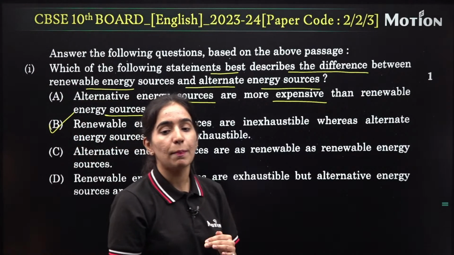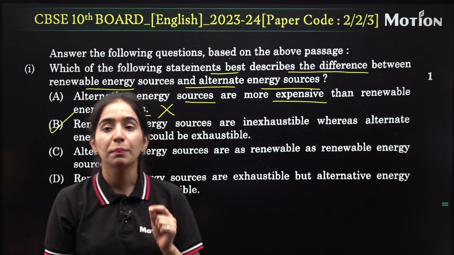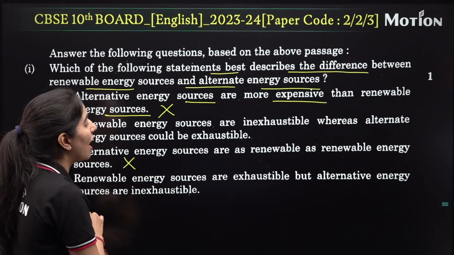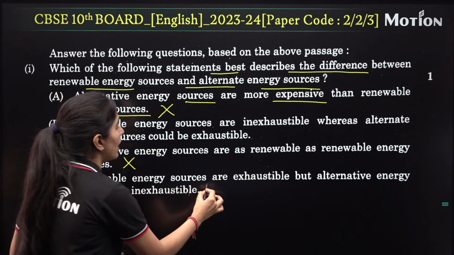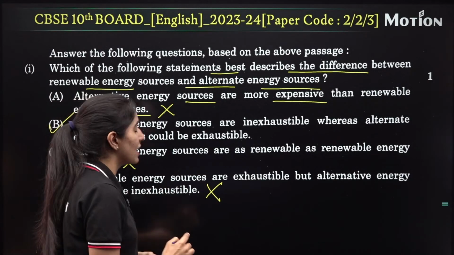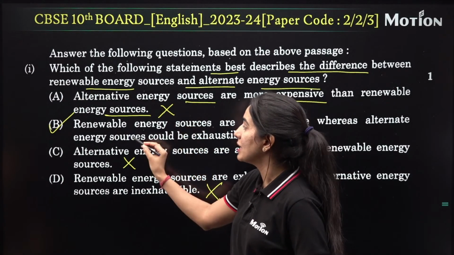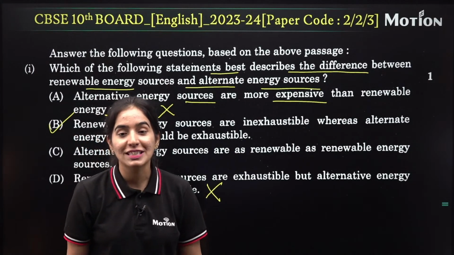When you read the passage very carefully, you will understand that option B is your correct answer. Option C: alternative energy sources are the same as renewable energy sources. No. Option D: renewable energy sources are exhaustible, but alternative energy sources are inexhaustible. But the most appropriate answer according to the passage is option B. I hope you have selected option B, which is the correct answer.